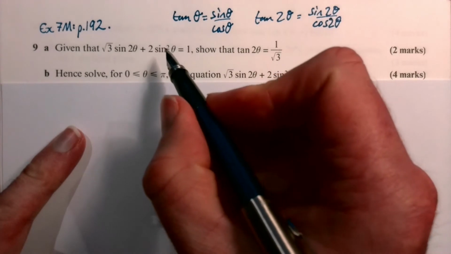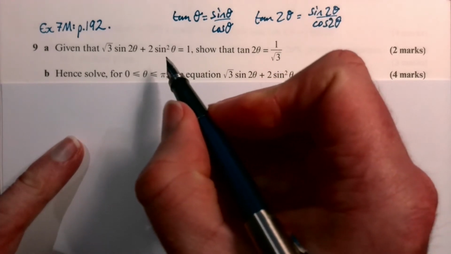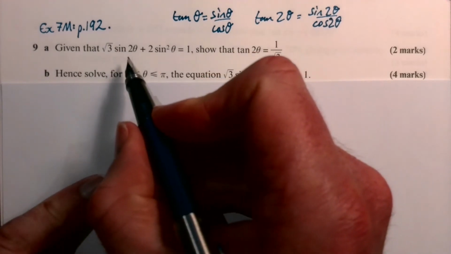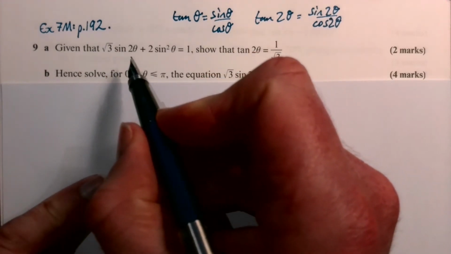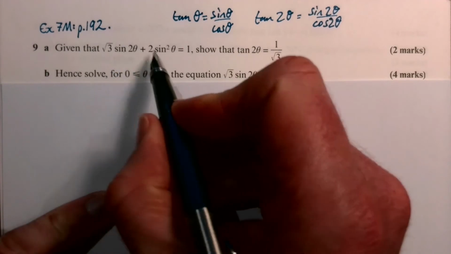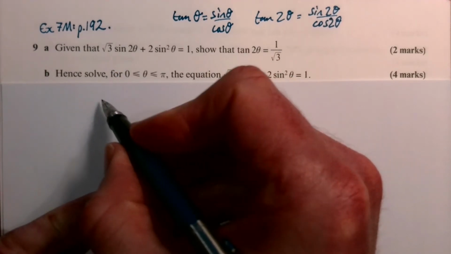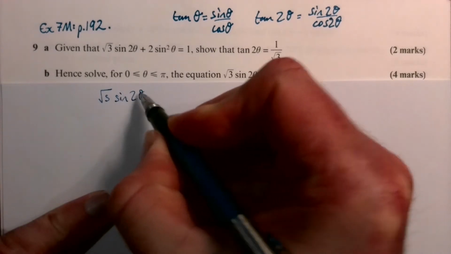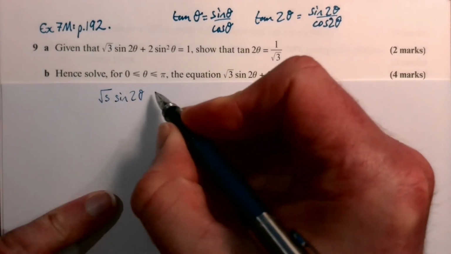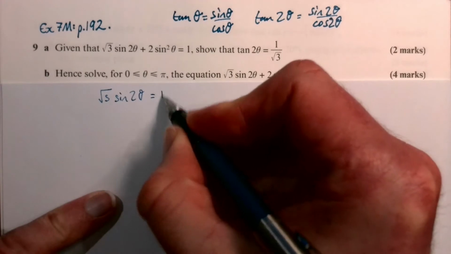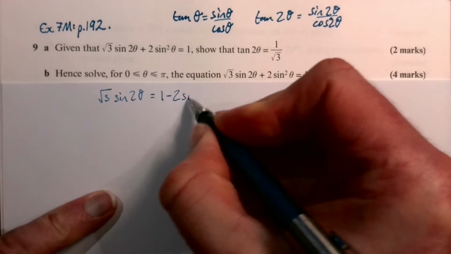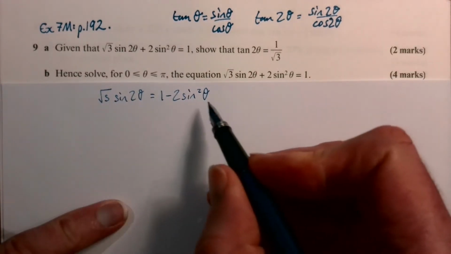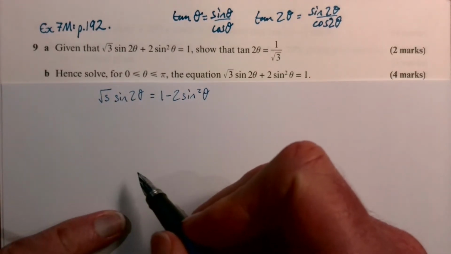So for that reason, we know that, if I keep root 3 sine 2 theta, if I take 2 sine squared theta from the other across to the other side, 1 take 2 sine squared theta, see that is one of our trig identities, isn't it?